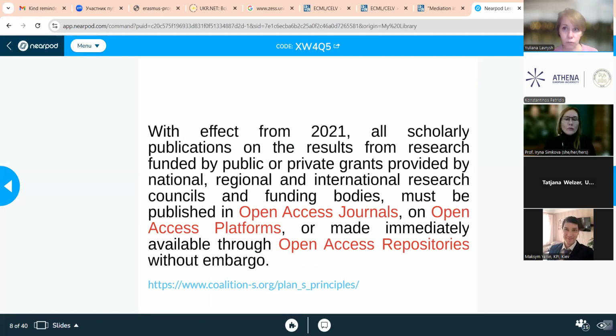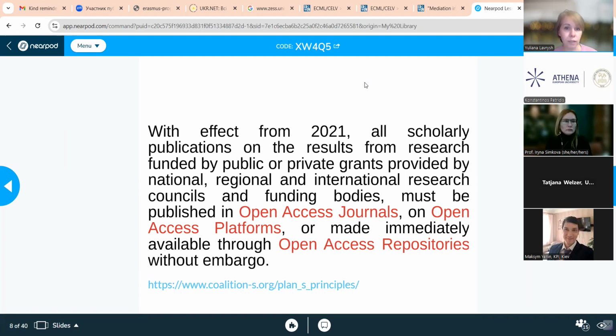And the president of the Open Science Coalition suggested this. It was his report, and I took the quotation from his report where he mentioned that with effect from 2021, all scholarly publications on the results from research funded, and it's important because we are researchers and we often apply for different fundings and projects.